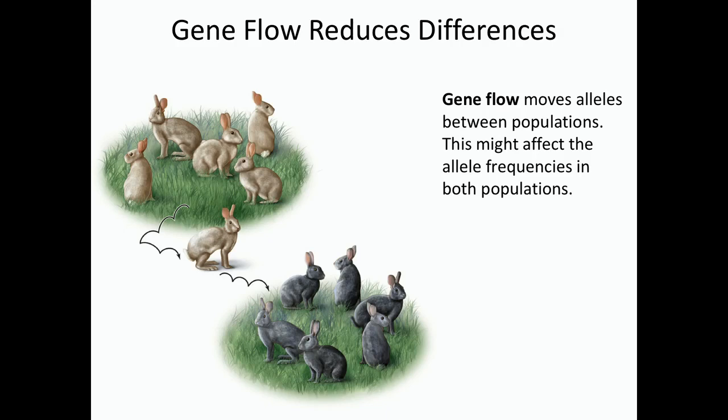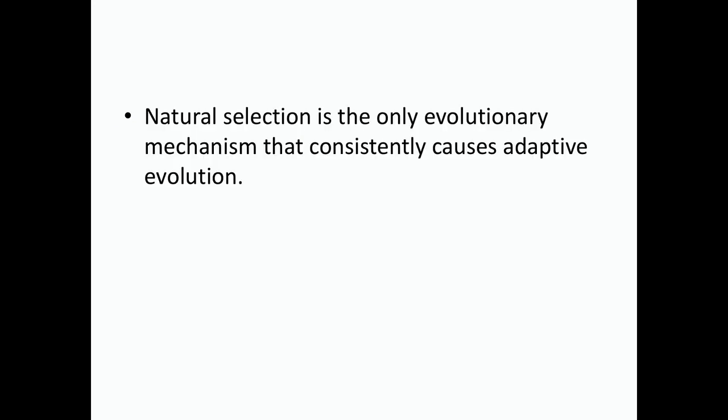It's random which individual migrates and whether or not that individual is successful in reproducing in the new population. So of these three, natural selection, genetic drift, and gene flow, the only one that consistently causes adaptive evolution is natural selection. The other ones are completely random.